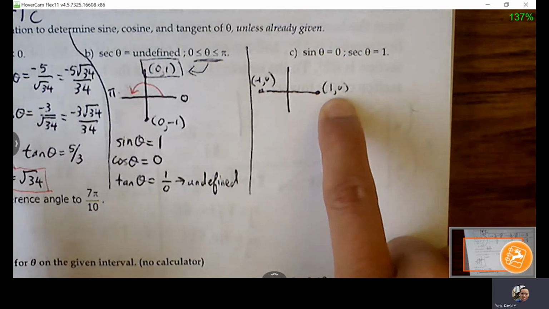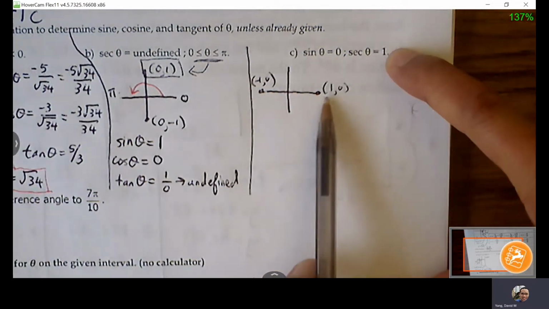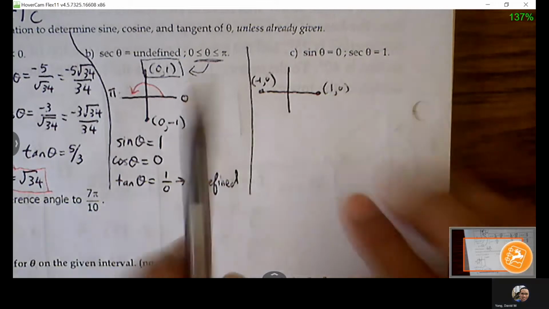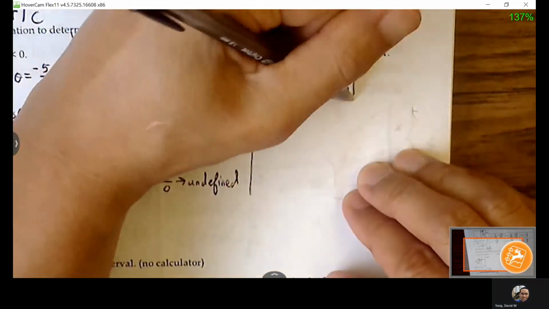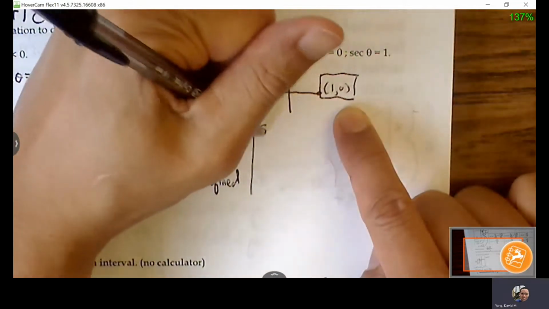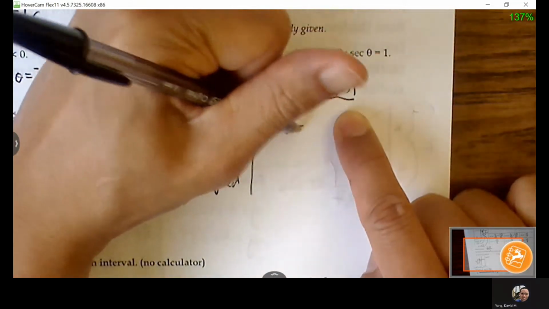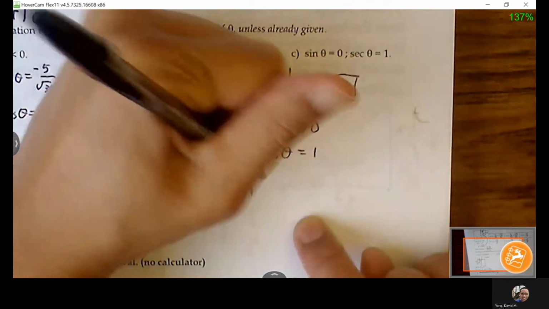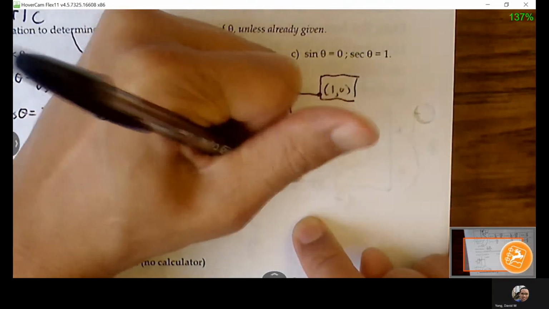Yeah, positive side, right? Secant is the reciprocal of cosine. If I were to take 1 and flip it, it will still be 1, so that's where I'm looking. Sine, cosine, and tangent. Tangent is y over x.